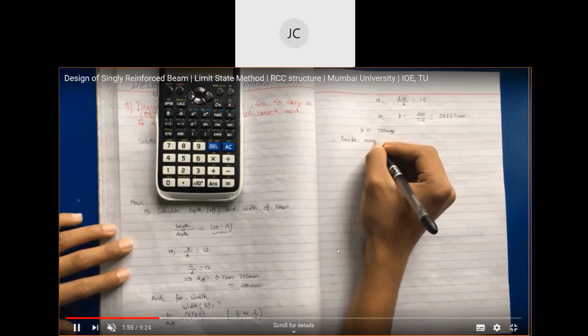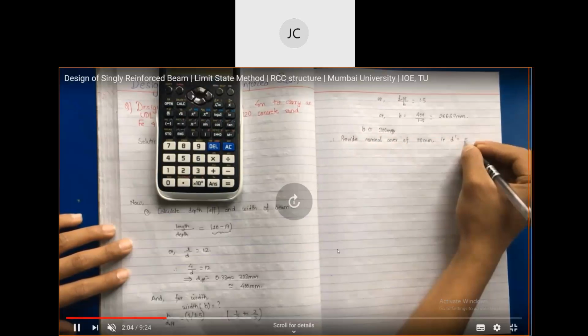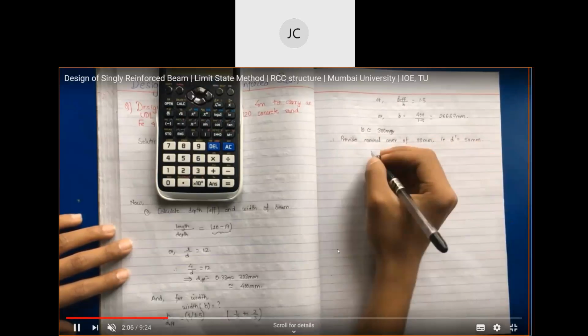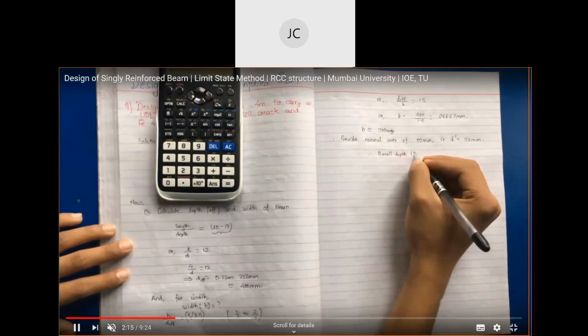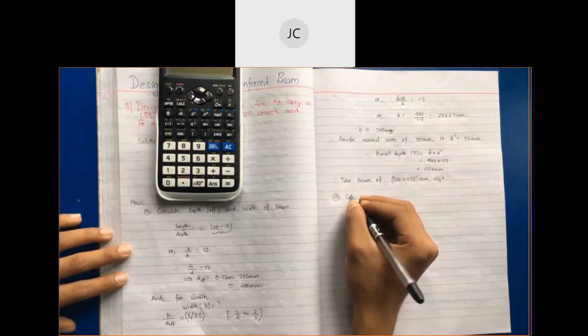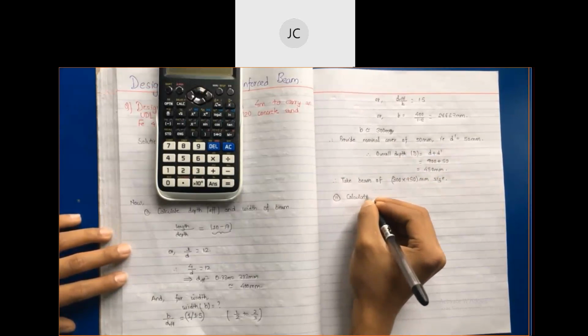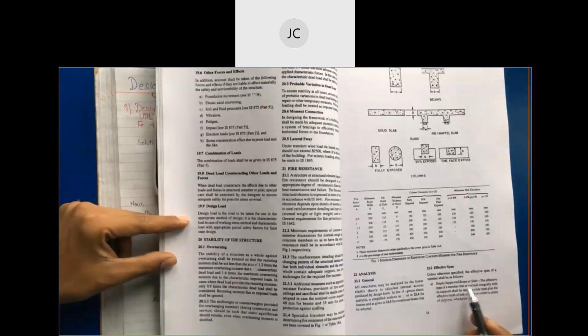Next, just see the calculation. Provide a nominal cover of 50 millimeter, d dash equal to 50. Therefore the overall depth will be d plus d dash, 400 plus 50, which is 450 millimeter. Next, we have to find out the effective length from clause 22.2.